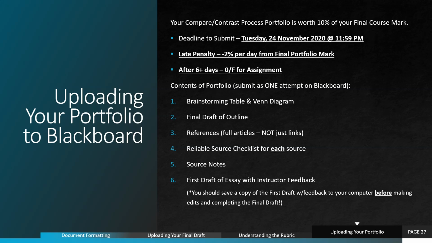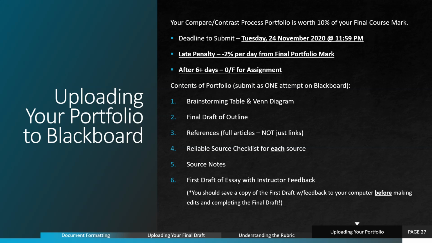Remember that the contents of your portfolio should all be submitted together as one attempt, one submission. You can upload multiple files to the submission, and you need to make sure that you have the following documents as one file when you submit your portfolio.